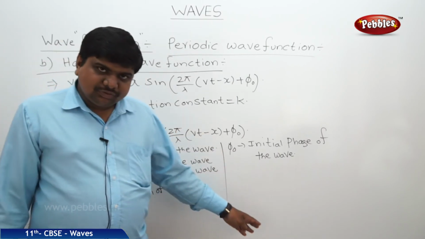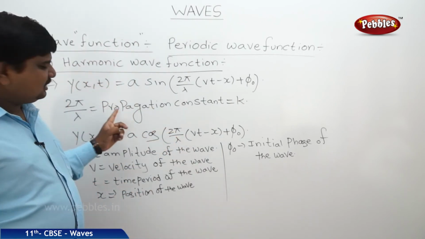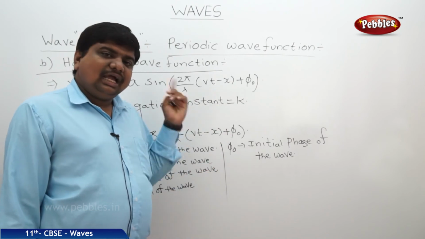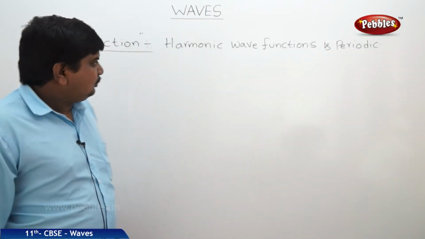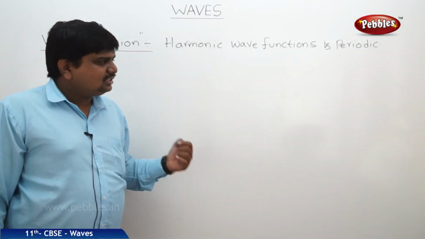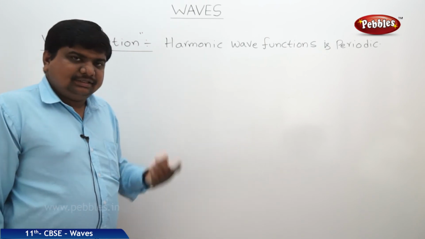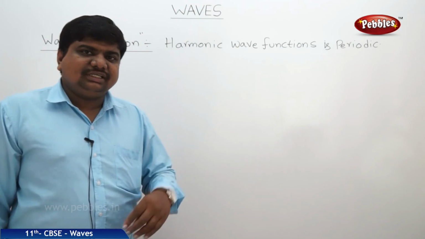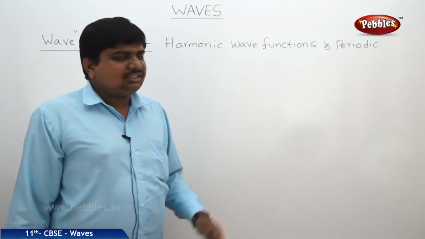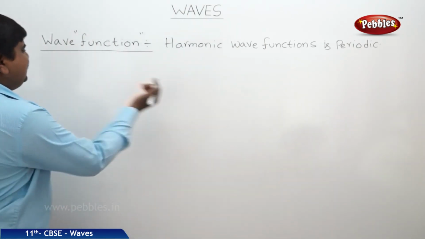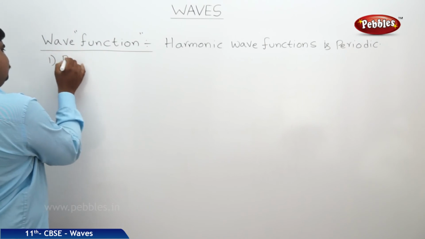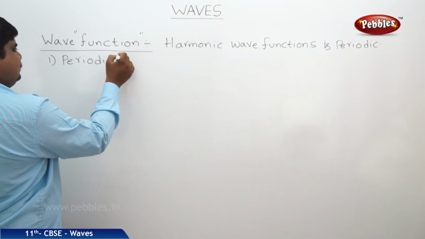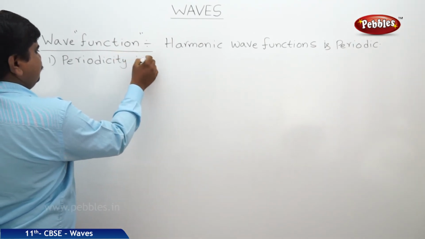And one more thing we can say is that we can express this displacement with respect to the periodicity in position and time. Now we will check whether harmonic wave functions are periodic. There are two ways to show it: one is according to position, another is according to time. First we will check the periodicity in position.